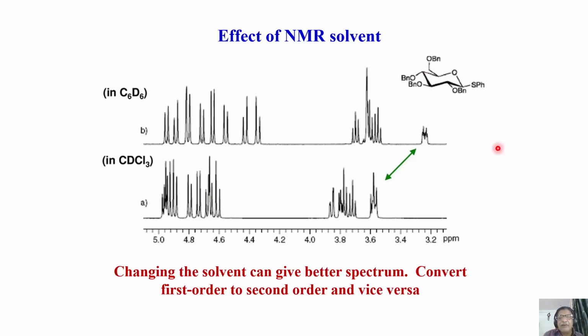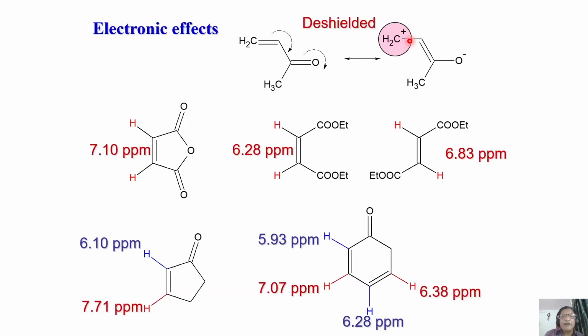But in some examples of molecules like this, or the previous example, where OH was there, it was forming a hydrogen bond with the SO group of the DMSO, so there was a change in the spectrum. Only when there is intermolecular interaction between the solvent molecule and your molecule of interest, sometimes you see a different spectrum. The quality of the spectrum will be different. You get better dispersion and better resolution. Not always, but please remember this point.